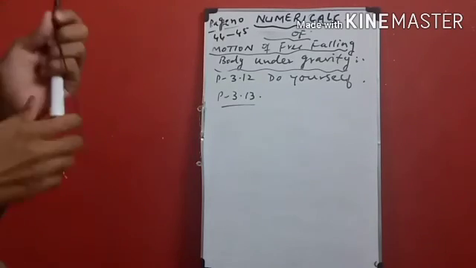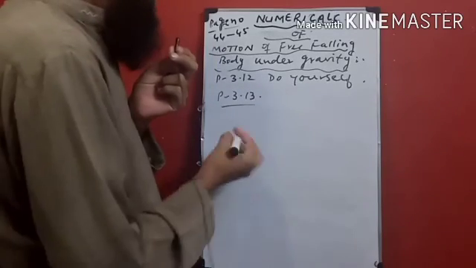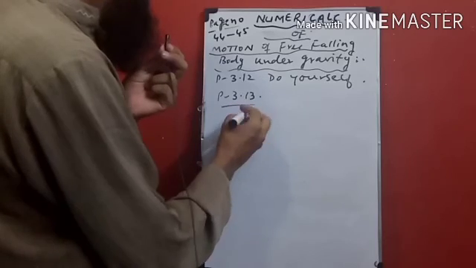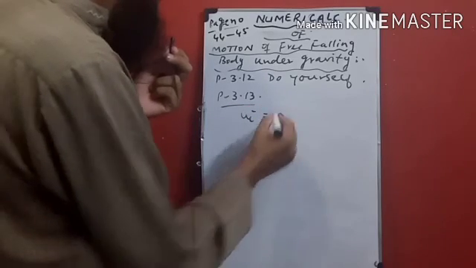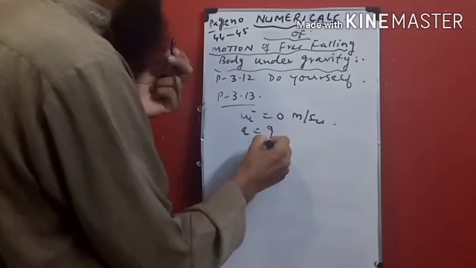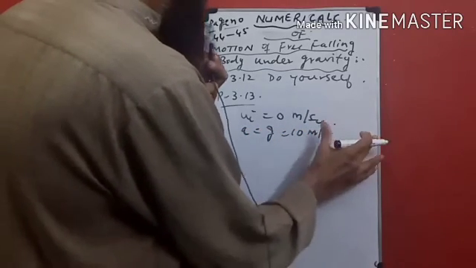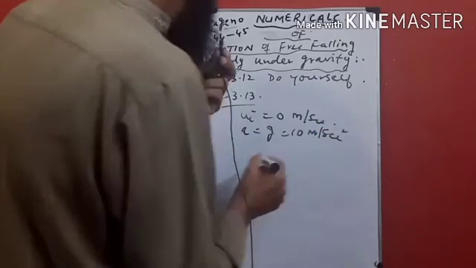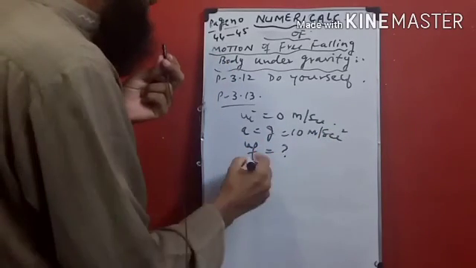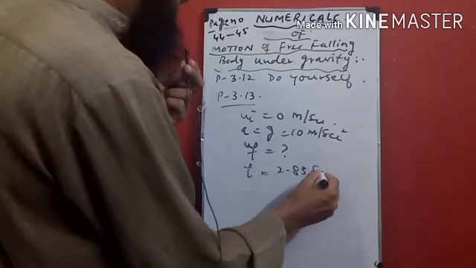And the time we calculated to reach the ground is 2.83. Therefore, we have this data: Vi is 0 meter per second, a is equal to g is equal to 10 meter per second square, Vf is required in the question, the final velocity, and time we calculated 2.83 seconds.